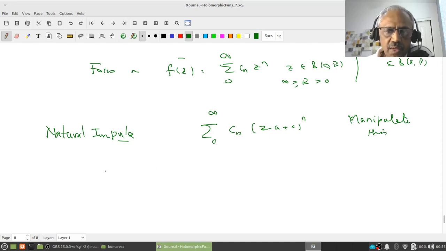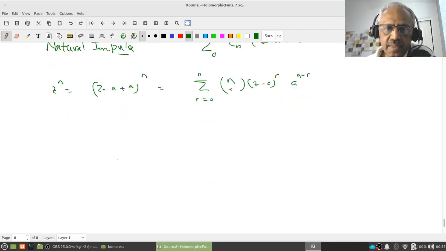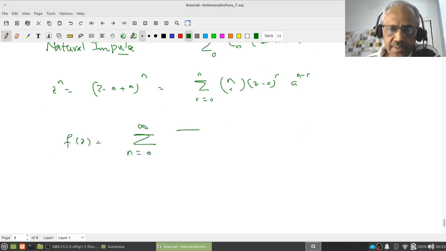So z minus a plus a, this z power n, is equal to the summation of n choose r, z minus a to the power r, and a to the power n minus r, where r is 0 to n, right? Therefore I can write f of z equal to summation n equal to 0 to infinity and summation r equal to 0 to n.